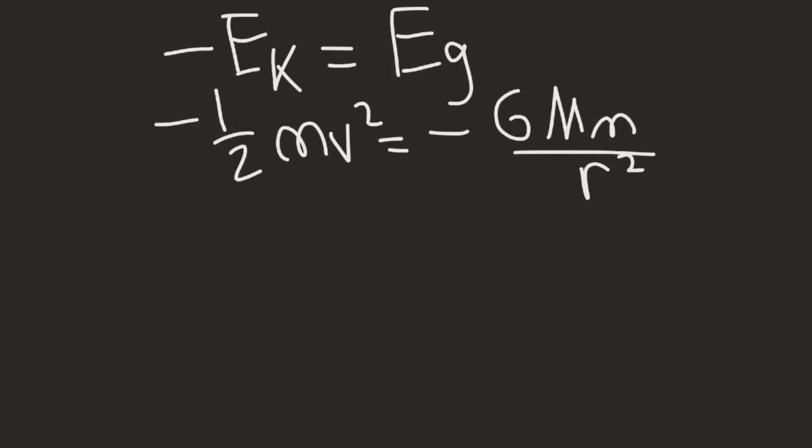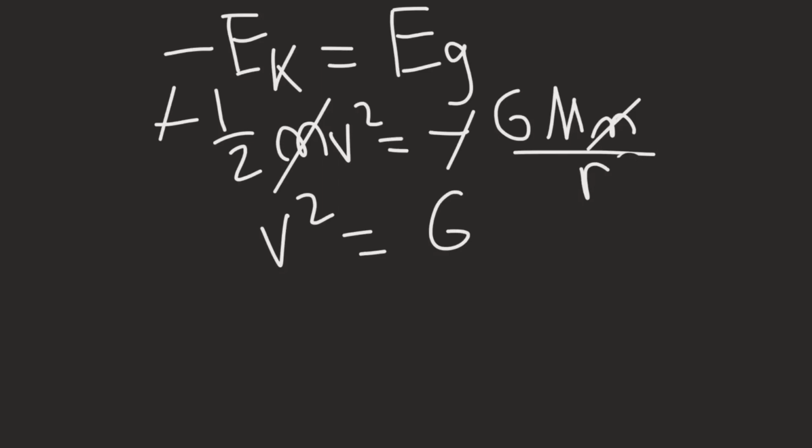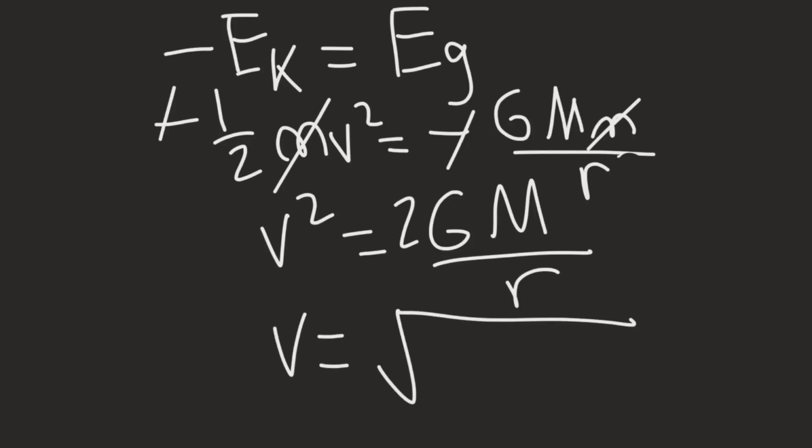Sorry, no squared. Hence, if we cancel some things out and move some things around, v squared equals 2gM over r, and v equals the square root of 2gM over r.